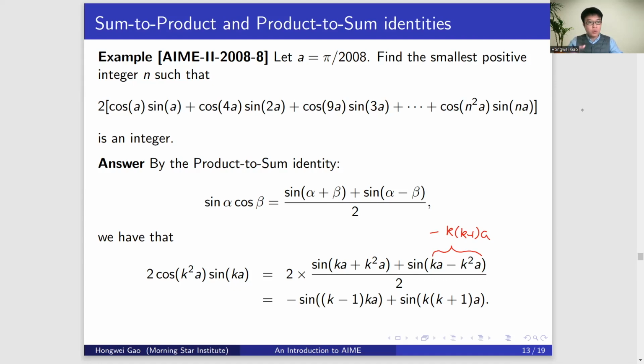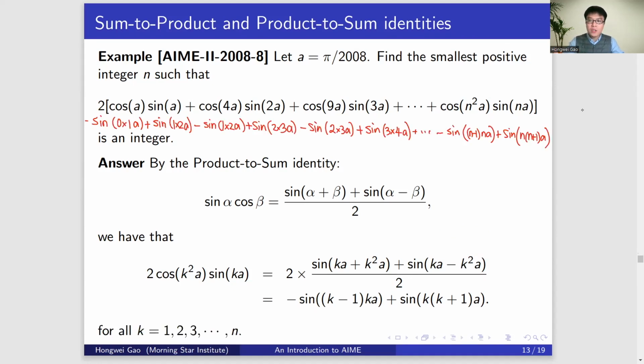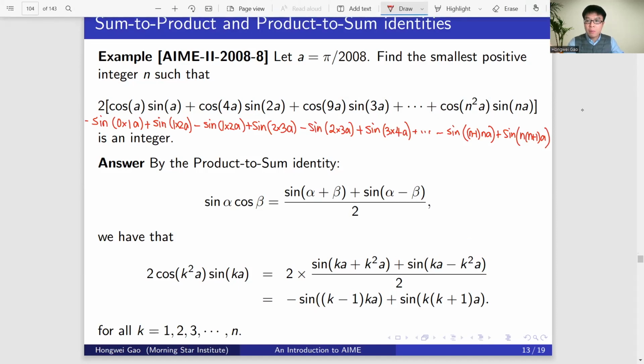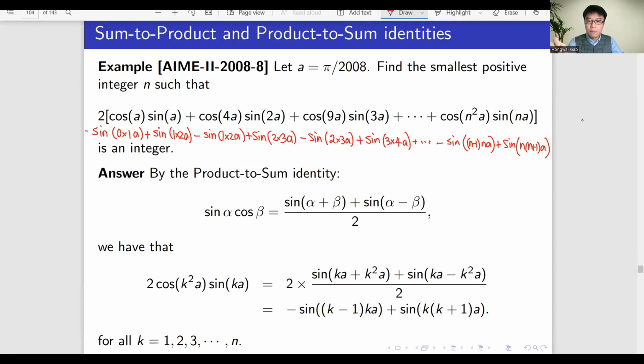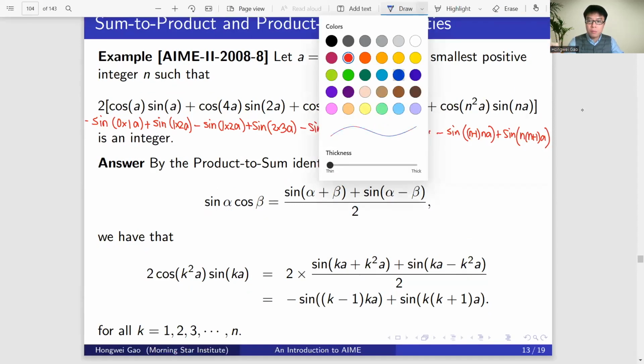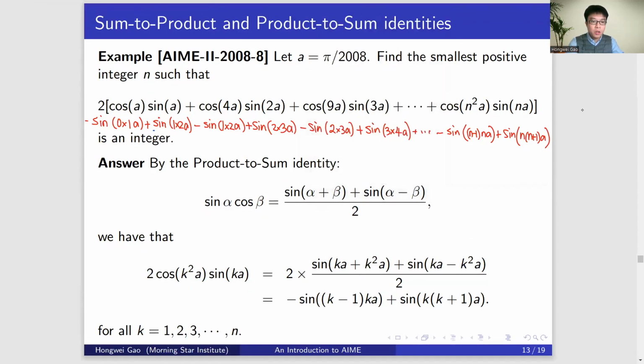Now, if we do that to every term in the expression, we can see that many terms cancel, especially the positive term from the previous part and the negative term from the later part. They are equal, so they cancel. These two cancel. So every term in the middle will be canceled out.